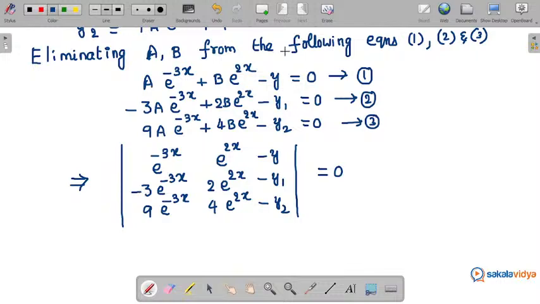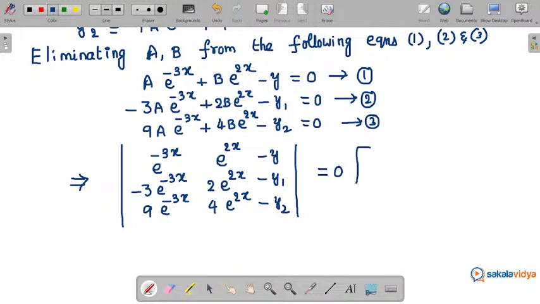So by eliminating we get the determinant of the matrix. In order to form the differential equation, we need to expand it. But instead of expanding here, the first column has a common factor e to the power of minus 3x, that can be taken common out. From the second column we have e power 2x, let us take e power 2x common. From the third column we have the negative 1 common.